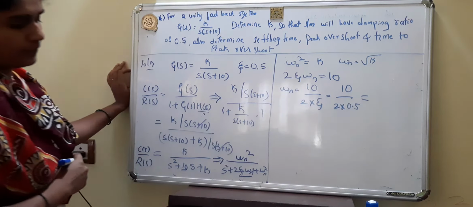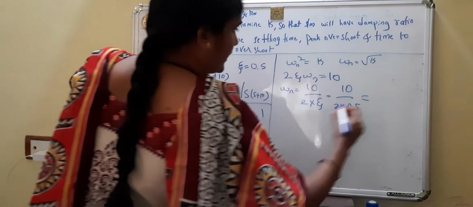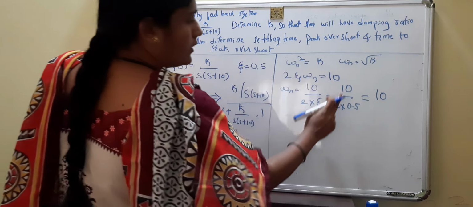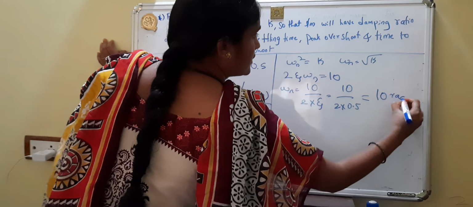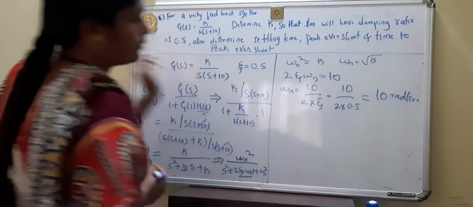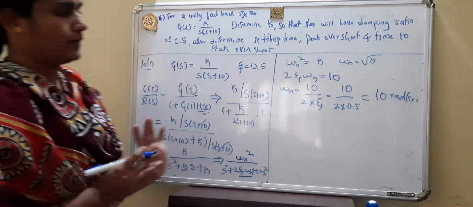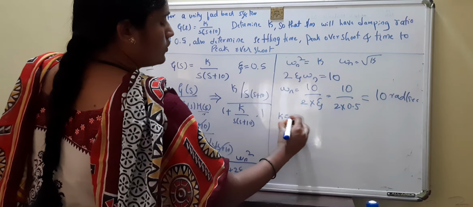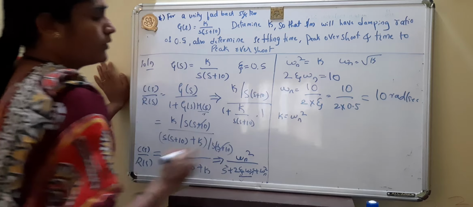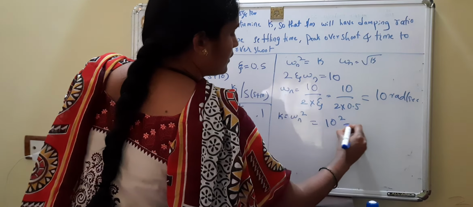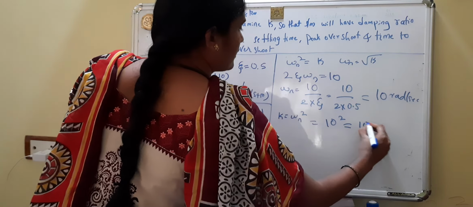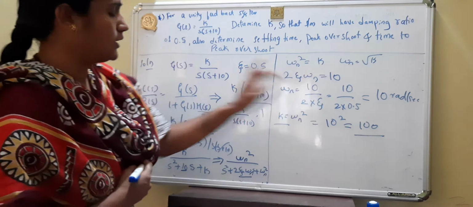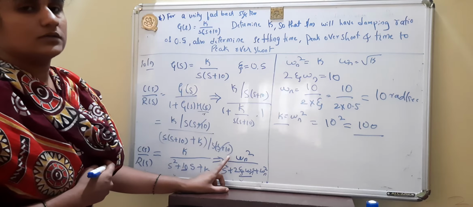So omega n is equal to 10 divided by 1, that is 10 radians per second. This omega n is expressed in terms of radians per second. Okay, we have omega n, so K is equal to omega n square, so 10 square, this is 100. We have calculated the value K is equal to 100 by using the standard second order function.